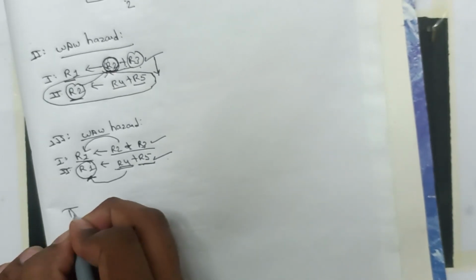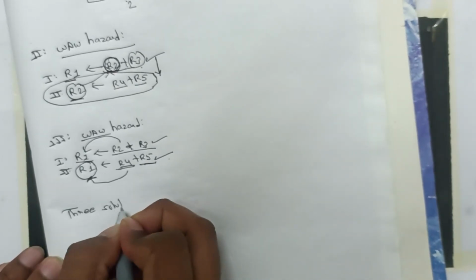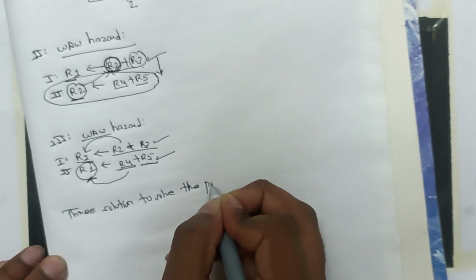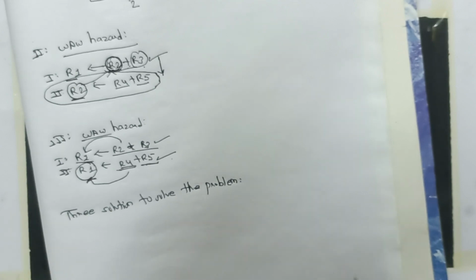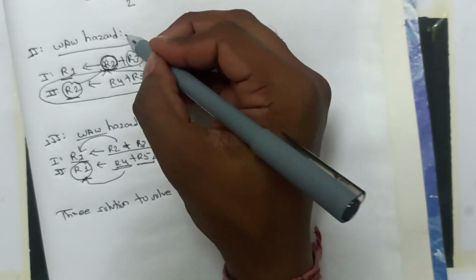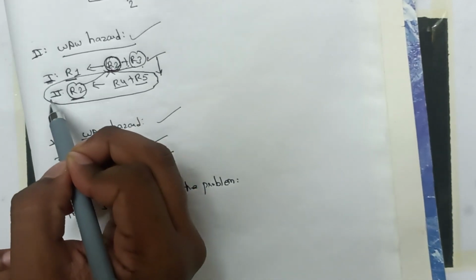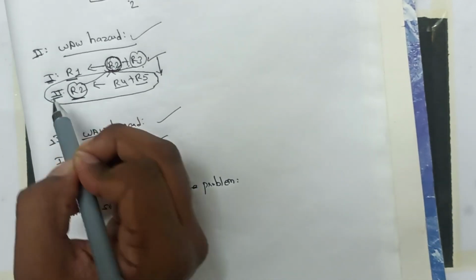To solve these problems, we have three solutions. In this chapter we are only going to deal with the RAW hazard, how to control it, because the WAR and WAW hazards are false dependencies. They may occur, they may not occur, because we know that without doing instruction 1, instruction 2 is not going to take place.